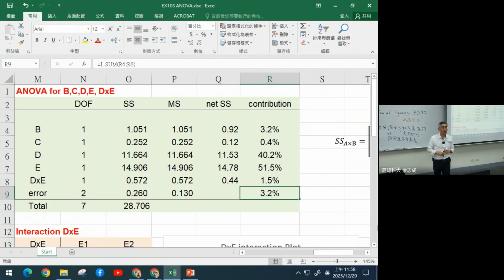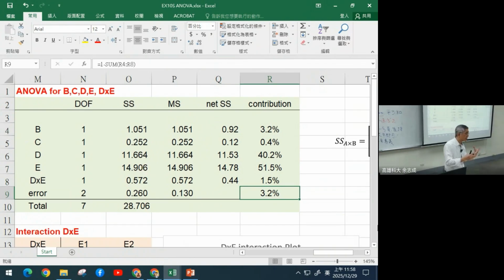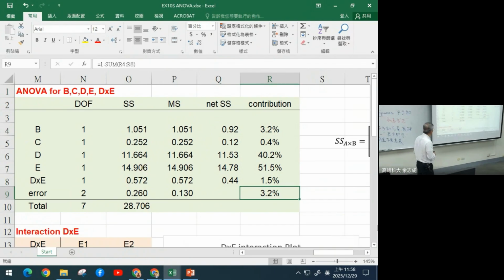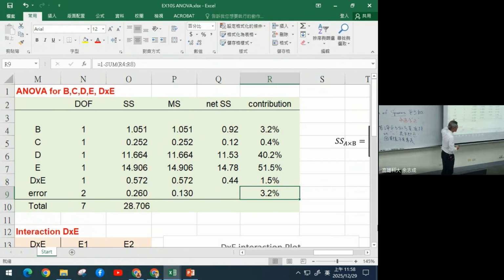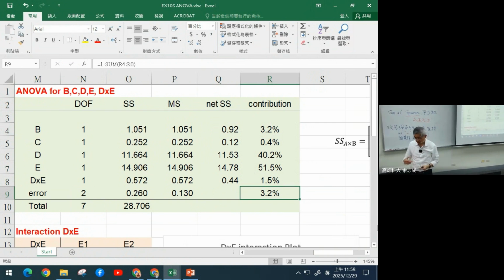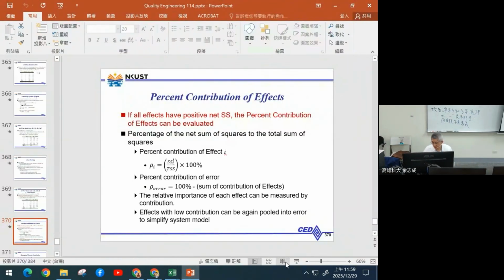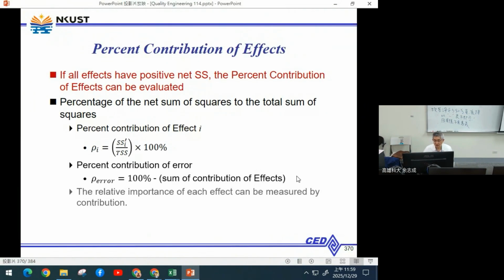However, if you want to simplify your model, you can continue to simplify the model, B, C, D, E. Right now we have 4 factors. We can simplify into maybe only 3 or 2 factors, right? And also we can consider whether this interaction is important or not. Okay? How do you estimate whether these effects are important or not? There are some rules Taguchi proposed here.